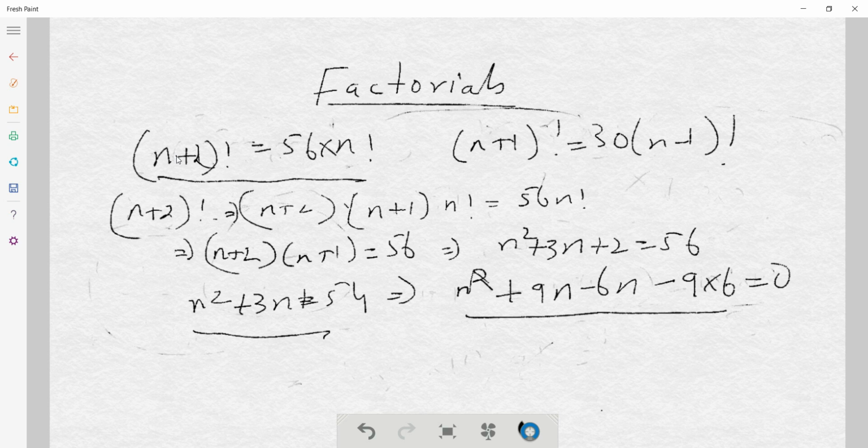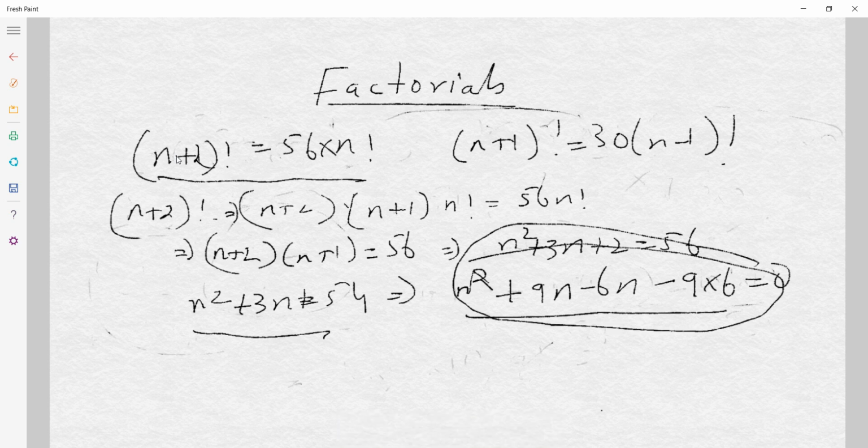You solve this equation and you will get a similar result this way. So you need to use your algebra skills here. Because 9 times 6, obviously you get this one here, and then you've got to use 3n, so 9n minus 6n. So that will become something like this. So you know what?